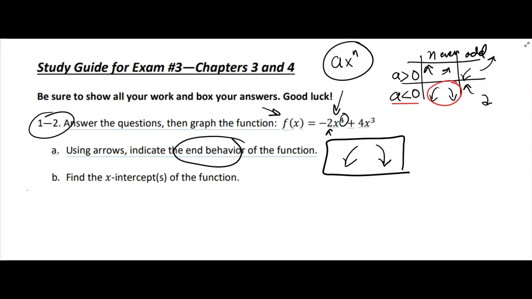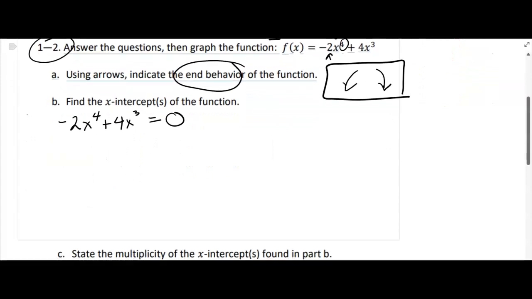Find the x-intercepts. To find the x-intercepts, you set the function equal to 0. Now, hopefully it'll factor. I'll make it factor, but here we can factor out the GCF, negative 2x cubed times x minus 2 equals 0.